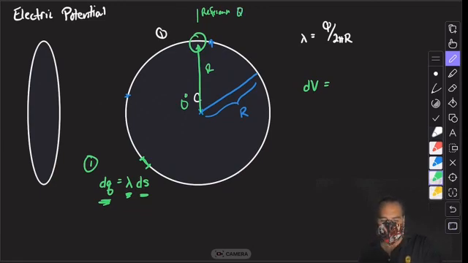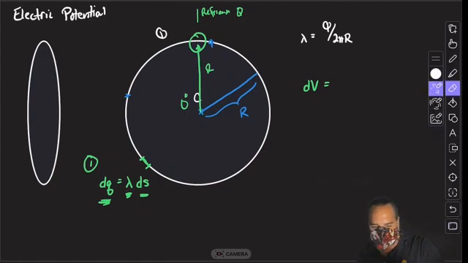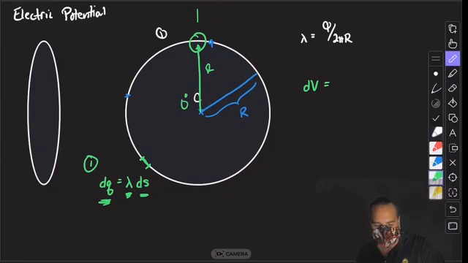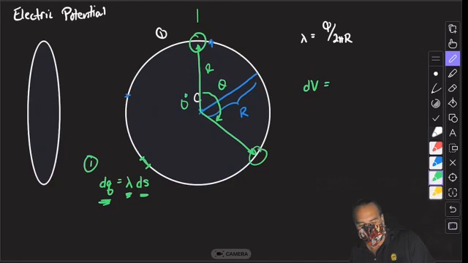We need some way to reference the pieces so that I can say, okay, if this is my reference point, how do I know where this piece is? Well, I would go out a distance r, but also move over an angle, say theta. So I can point at this piece.